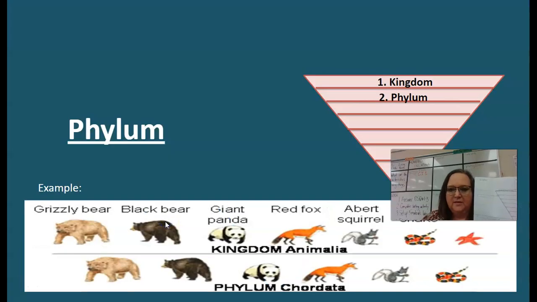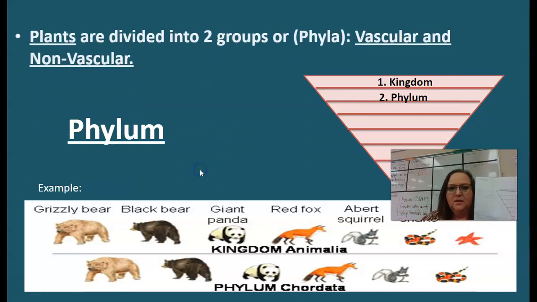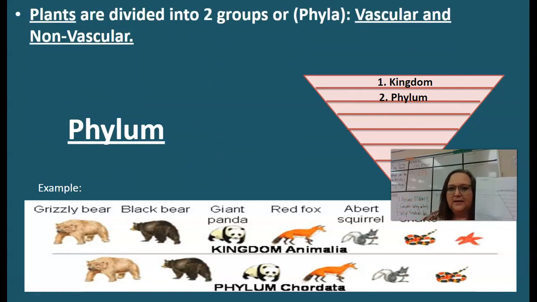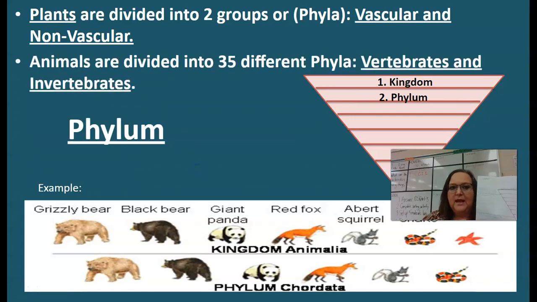All right, so for our phylum, this is our next level of classification. Plants are divided into groups called vascular and non-vascular. Animals are divided into 35 different phyla, and the 2 main groups that they're divided into are vertebrates and invertebrates.